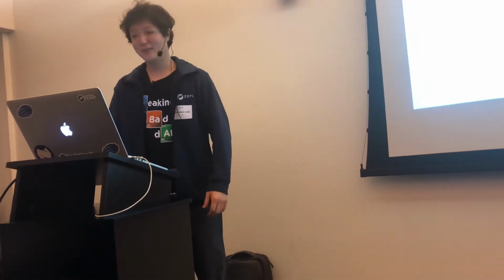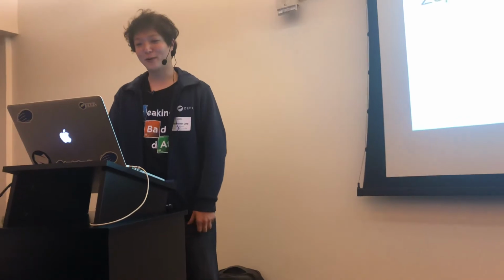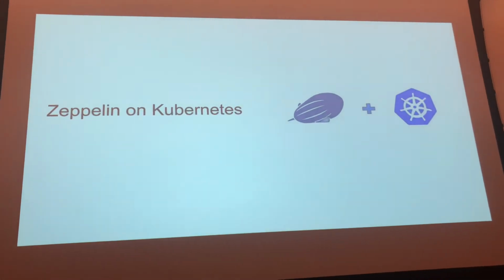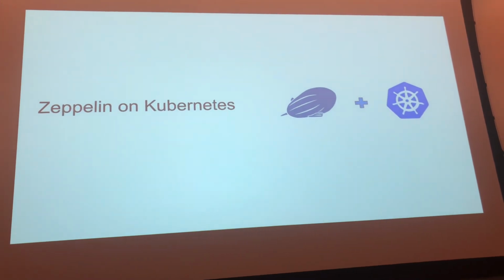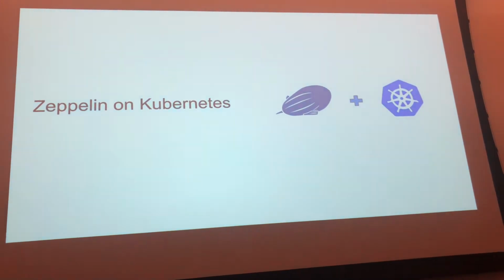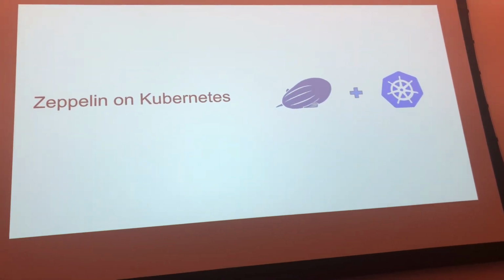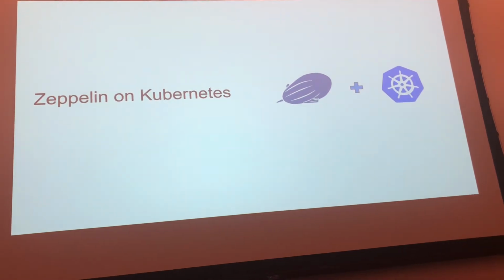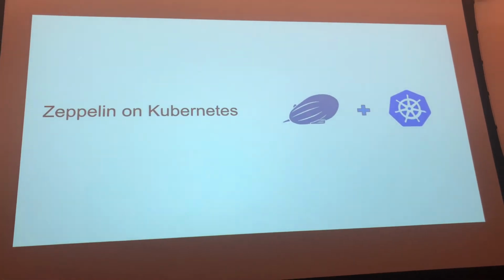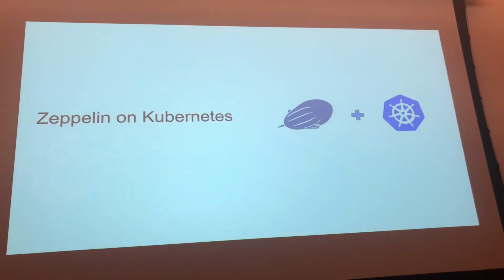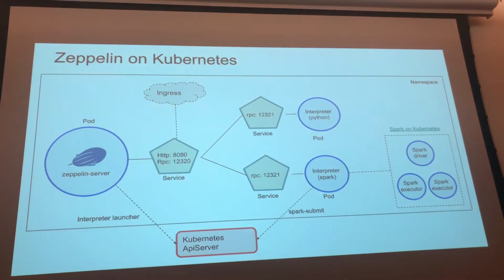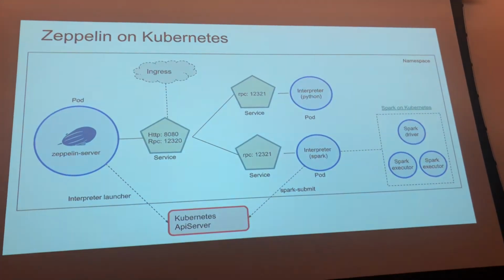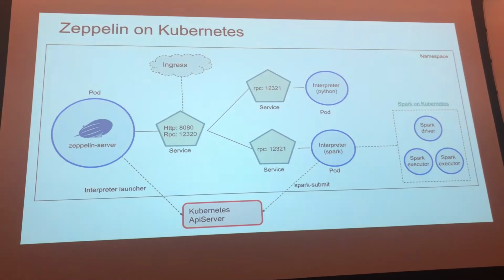But now let me talk a little bit about my ideas, what's going to help the community. So one is Zeppelin on Kubernetes. And actually, a couple of days ago, I created the issue and am trying to make progress here. But the basic idea is to run Zeppelin on a Kubernetes cluster.